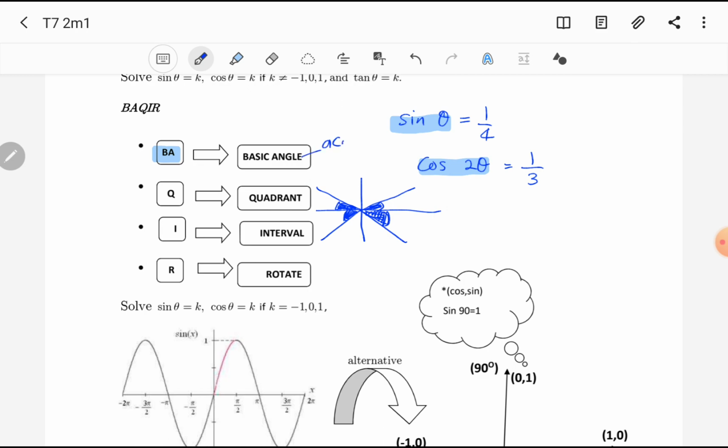Basic angle is an acute angle and our reference angle. Second step is to find the quadrant.